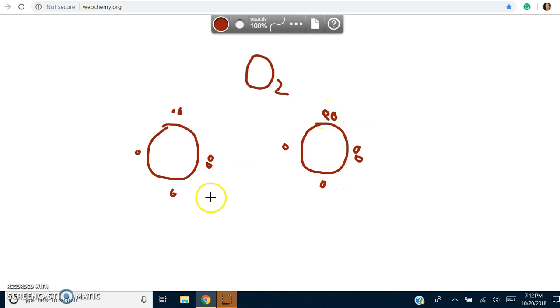So what we can do is this, actually I'm going to move this one. This and this would form a bond, and then this and this would form a bond. So now we'll erase this one right here. Okay, so that's gone. Now let's count. 2, 4, 6, 8.